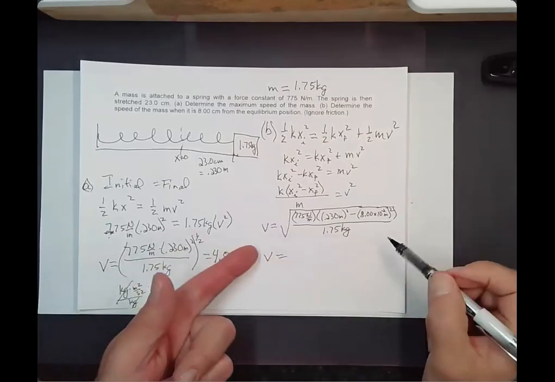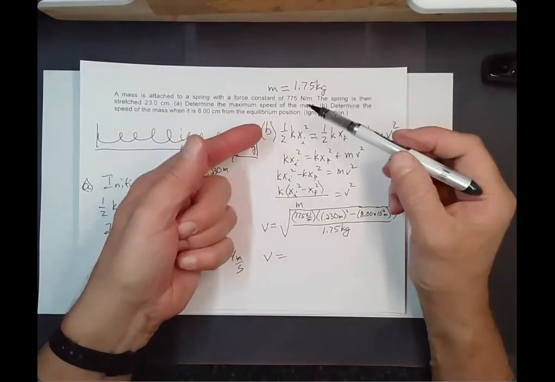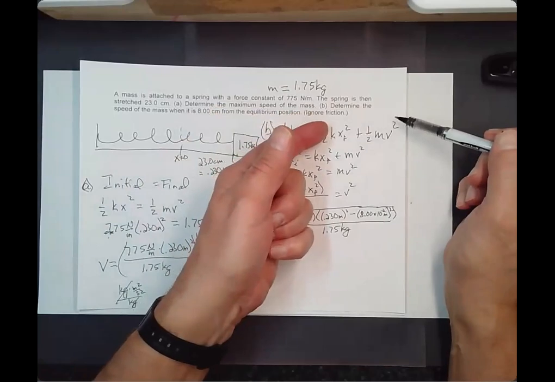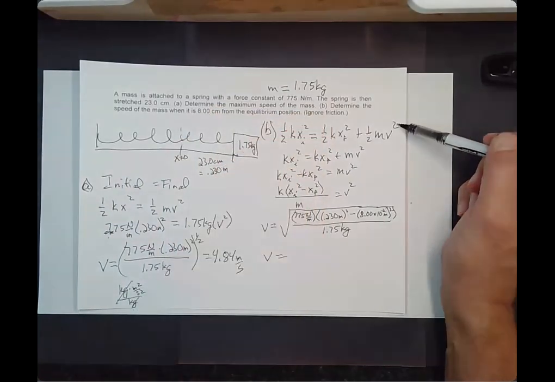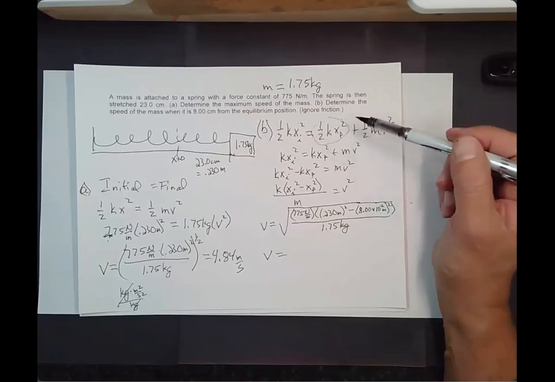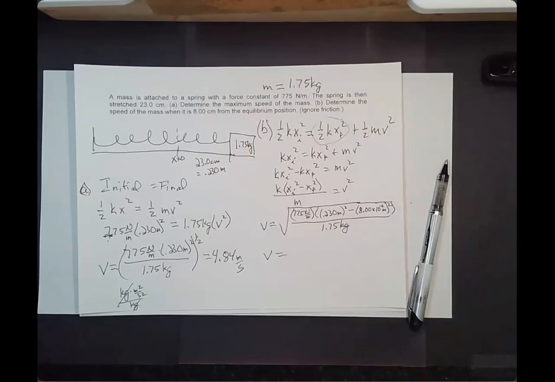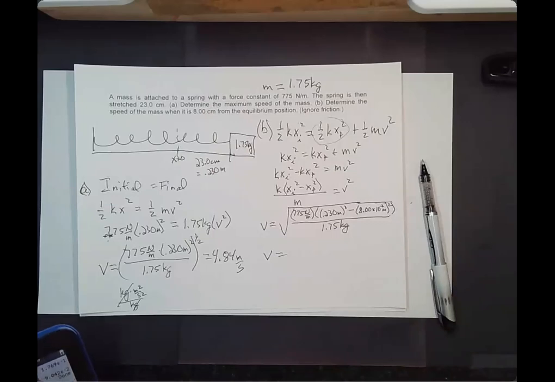But the key point on this was we had to be able to write an expression that included the initial energy, and then we had two different final energies here. We had a spring that was still stretched, so we had to have an expression for its potential energy there. And this is almost more work to calculate than it's worth, but go ahead and do it.